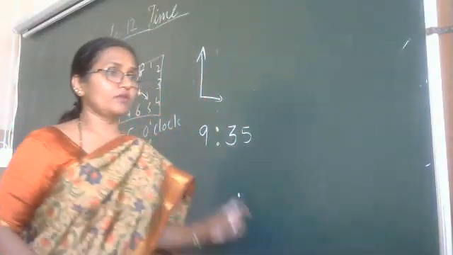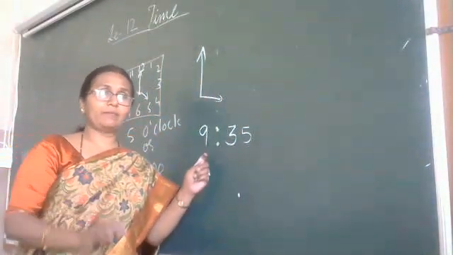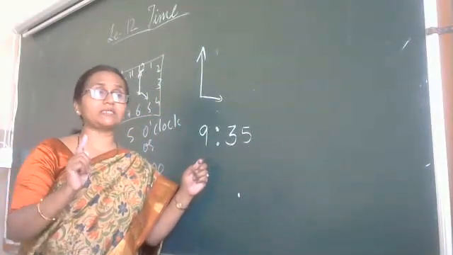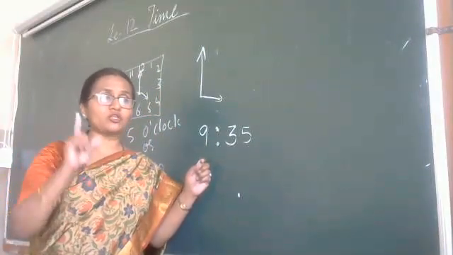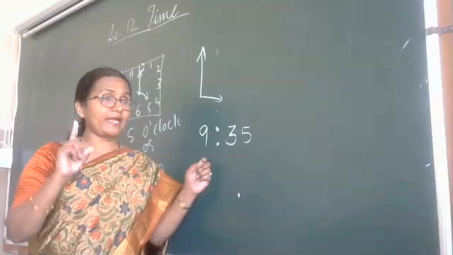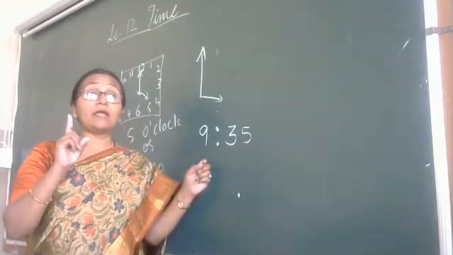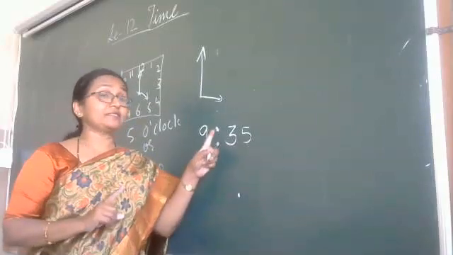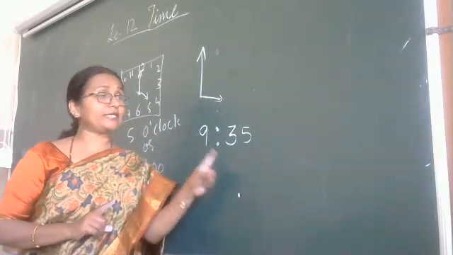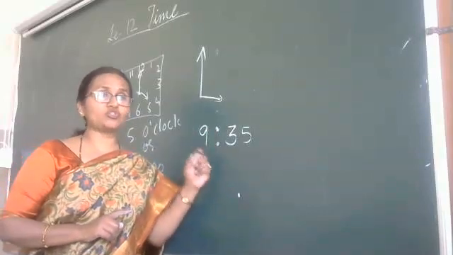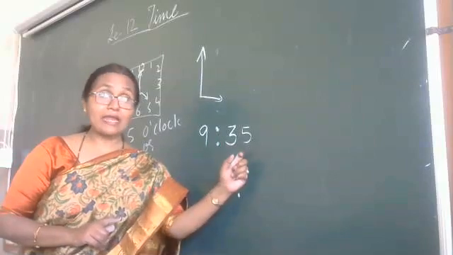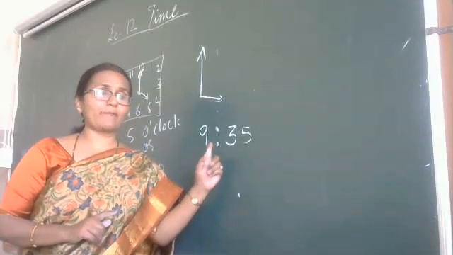Yes, ma'am. Okay, these are small things I'm telling you all, you should remember. AM is ante-meridian, PM is post-meridian. These two dots are called a colon, and this colon separates hours and minutes. It is very, very important.